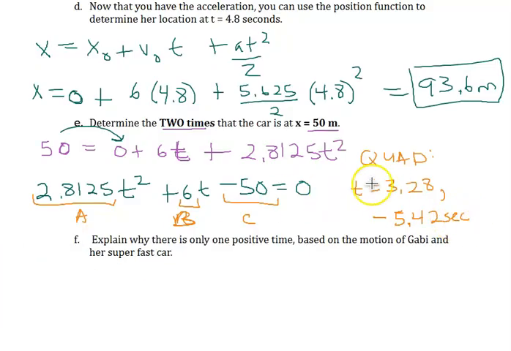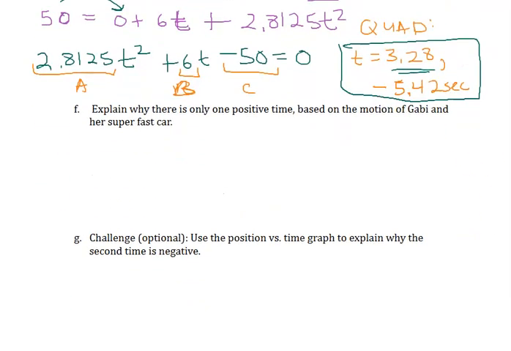All right, don't freak out that you got a negative. The next question is going to explain why we only got one positive time. So clearly the positive time is what we're going to use if we want to do further calculations, but you've got to record both or I will take off points.